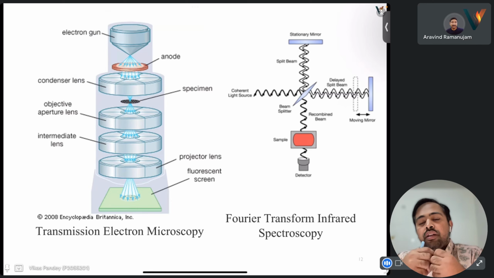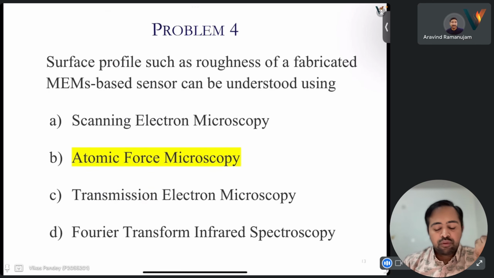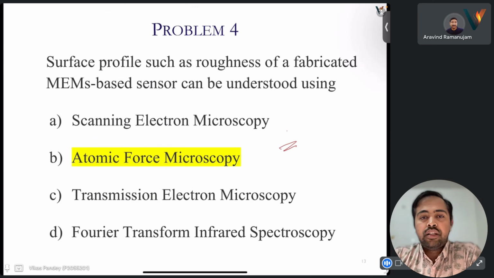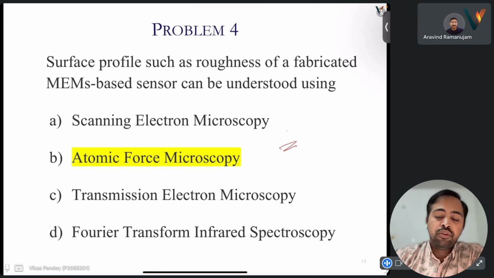For different chemicals, we will see different spectra. These things will be discussed in later weeks, after 1 or 2 weeks, in detail. All this will be discussed in the class also.